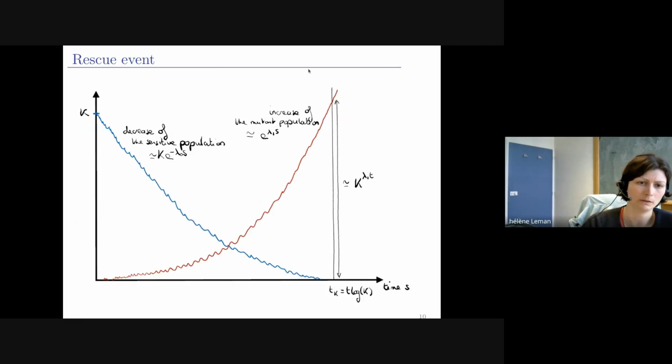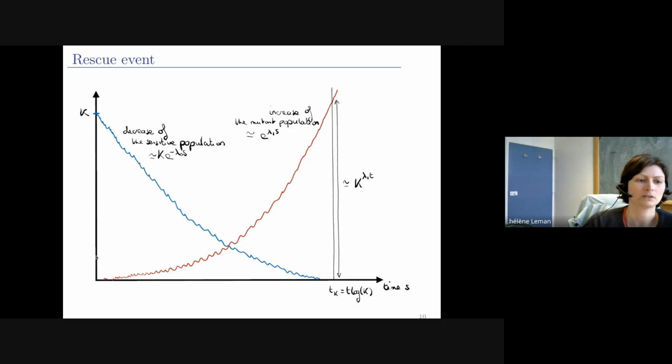So we have the following shape for the dynamics of the stochastic system. We start with K sensitive cells, and we have a decrease of this sensitive population until reaching 0.